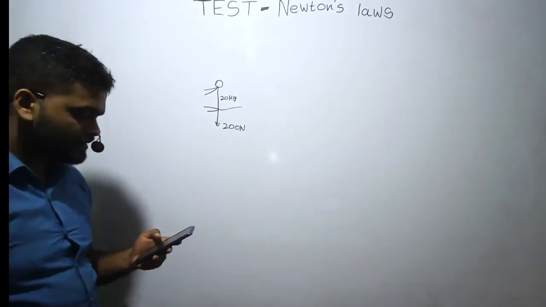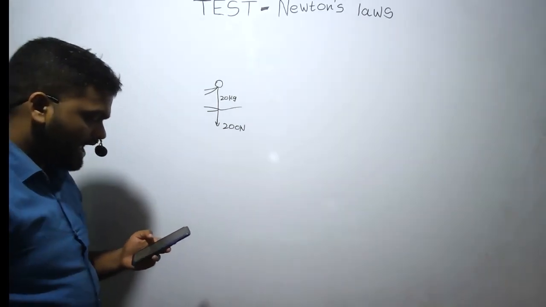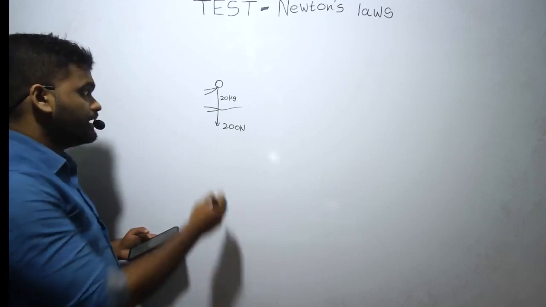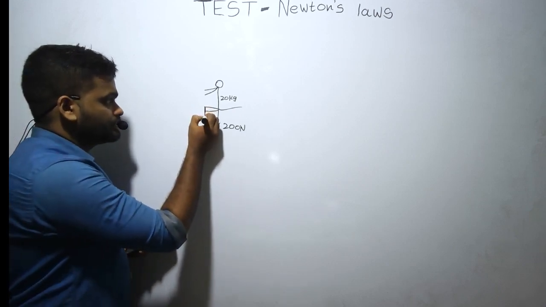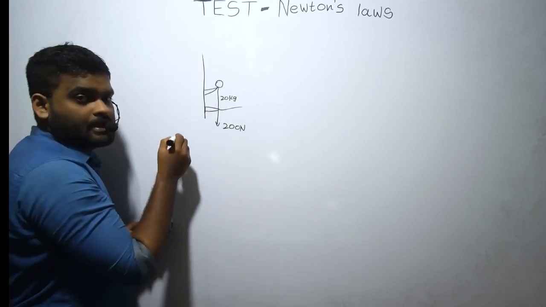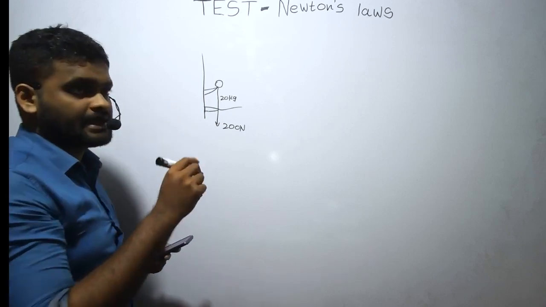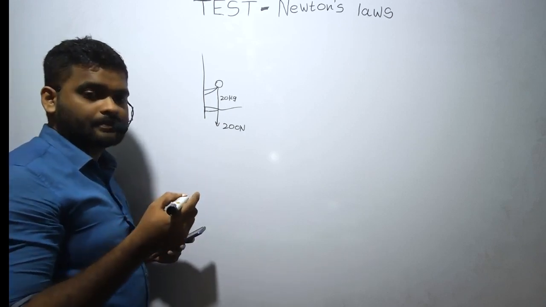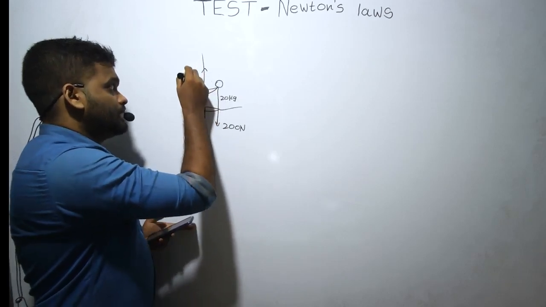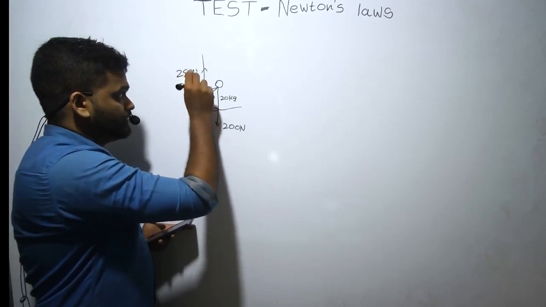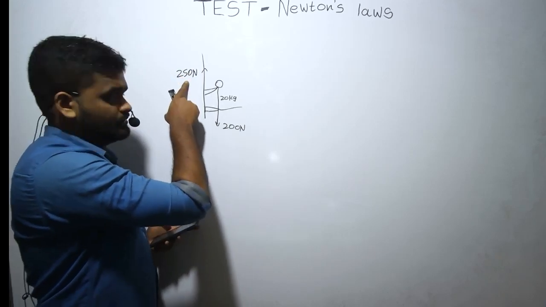Hanging by a rope. The maximum force that rope can withstand, otherwise the rope would break, they say 25 kilogram, meaning it can bear a load of 250 Newton. This is the maximum load.